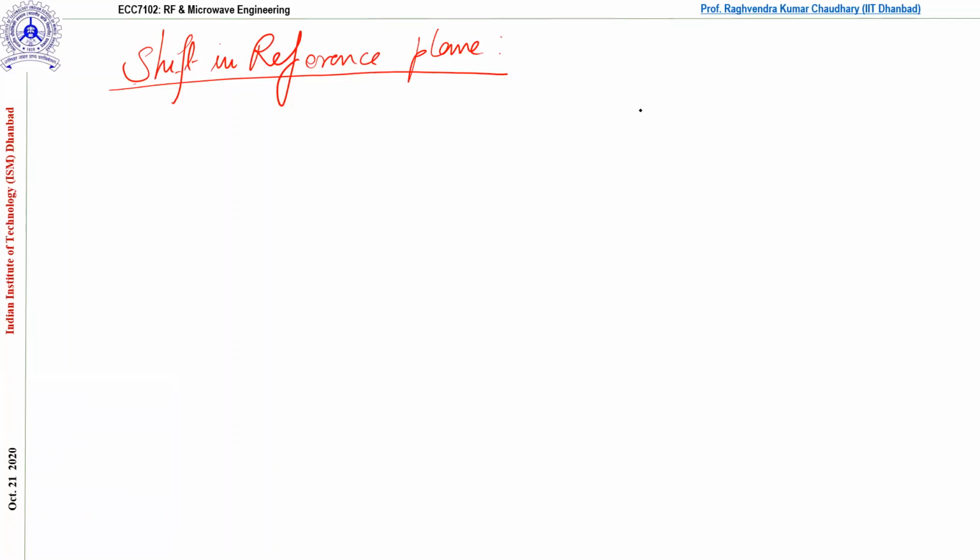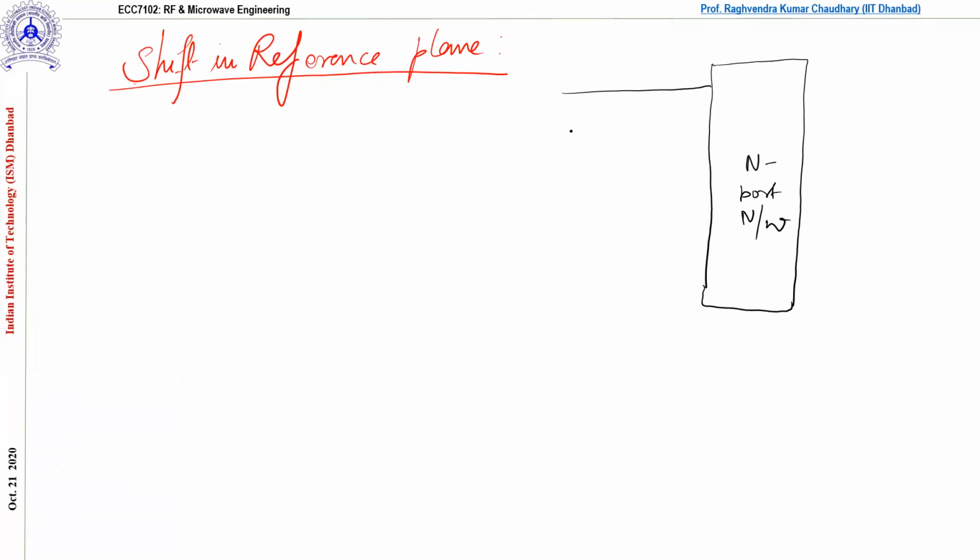So let us say we have an N-port network. What is this? This is an N-port network. Fine. And let's say we have a number of ports, correct? We are considering the first port and the nth port.